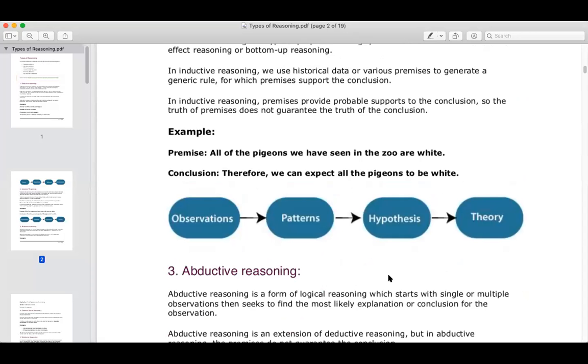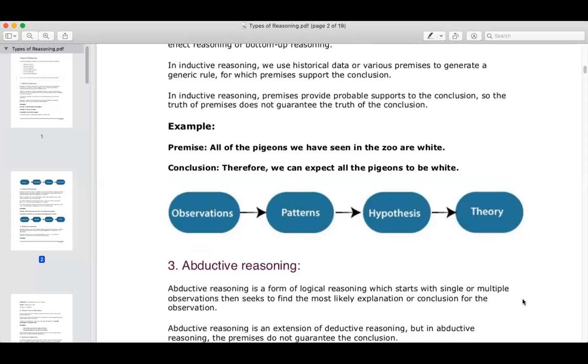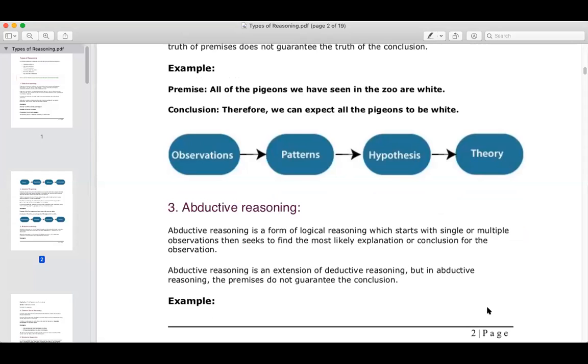Next is abductive reasoning. Abductive reasoning. So it is a form of logical reasoning which starts with single or multiple observations and then seeks to find the most likely explanation or conclusion for the observation.